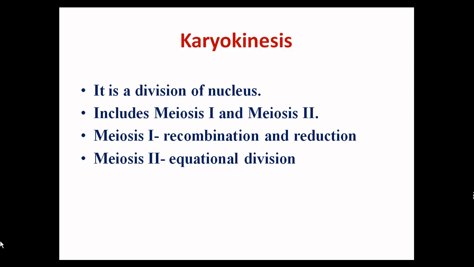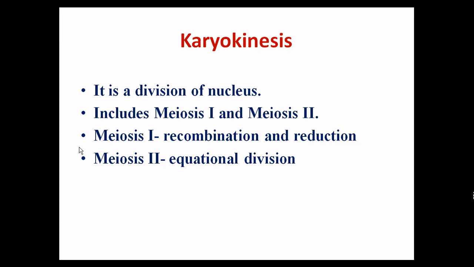The nucleus of the microspore mother cell undergoes the process of meiosis, which includes meiosis 1 and meiosis 2. In meiosis 1, recombination of the genes occurs, and it is a reductional division as the chromosome number becomes half.